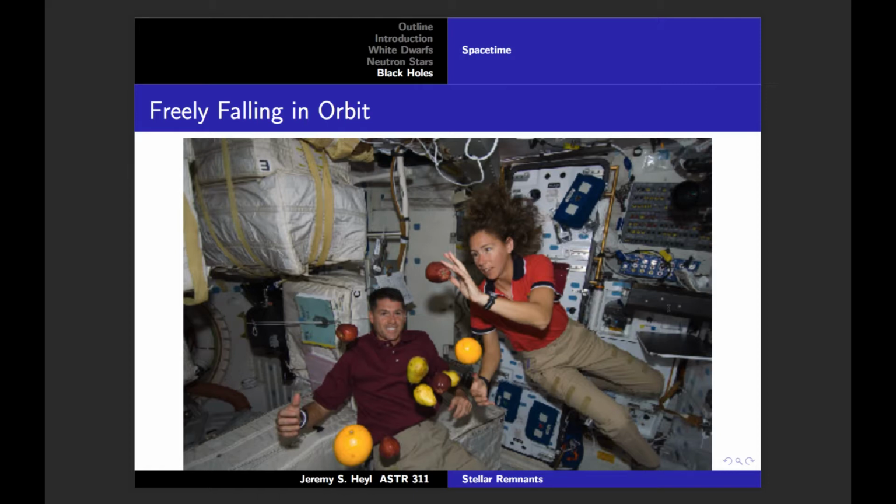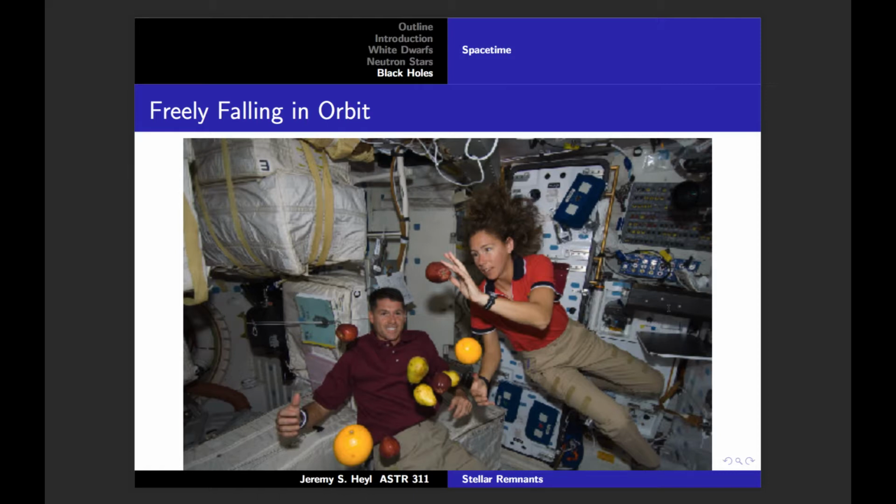But really, they're just the same as the people going down the pit. They're freely falling in the gravitational field of the Earth, and because they're freely falling in that gravitational field, they don't feel the gravitational field, right?